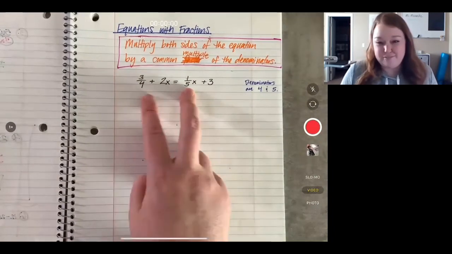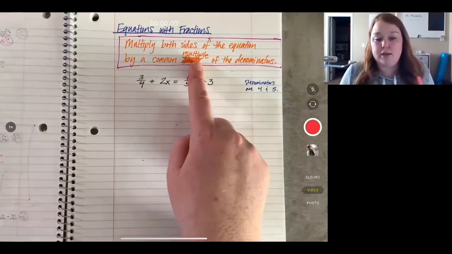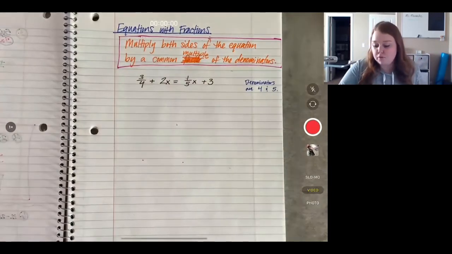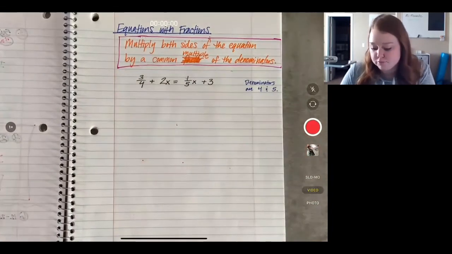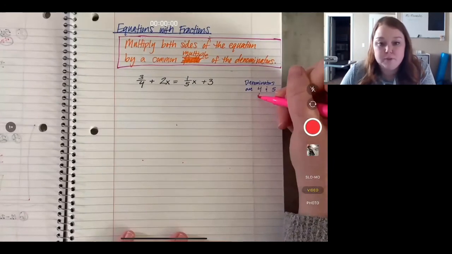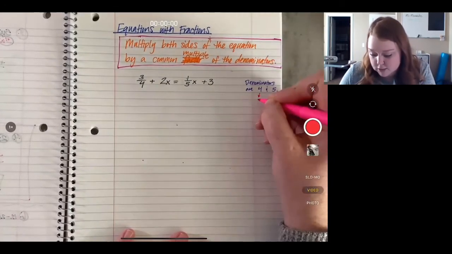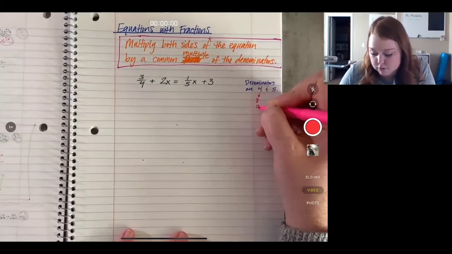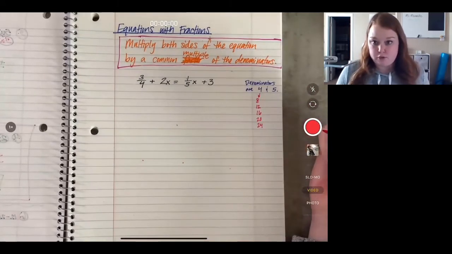Now, I said factor at first, whoopsie on my part, multiple. Multiples of 4 and 5, a common multiple of 4 and 5. So let's just talk about multiples of 4. Basically you count by 4s. 4, 8, 12, 16, 20, 24. We could keep going, but hopefully we don't need to, okay?